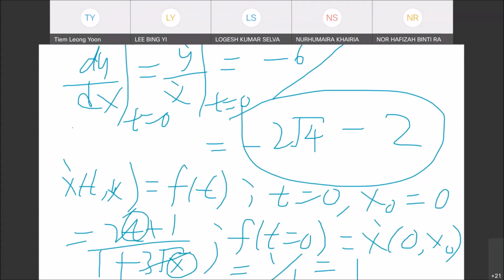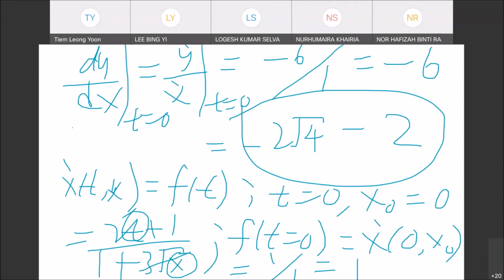So that is 1. So the answer is minus 6. Now I'm not sure whether my calculation is correct on the screen, but I suppose this is how you do it. So you just make use of the algebraic equation, find out the values of x when t is 0, find out the values of y when t is equal to 0.